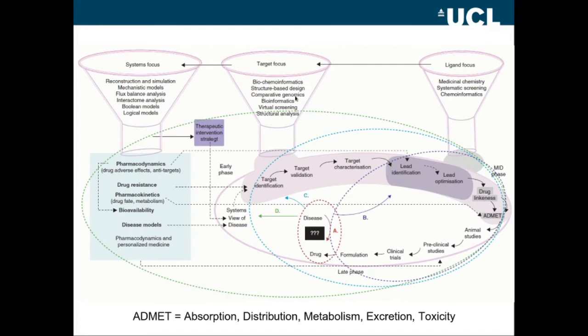Now, the step up from that I will talk about a bit later, but this is to take a systems focus. So rather than just looking at the individual target and the individual pathway perhaps that it's involved in terms of what's going on with the disease, we're going to look in much more detail about things like disease models, metabolic pathways, flux balance analysis, all sorts of modelling which allows us to see whether there's maybe an alternative pathway.